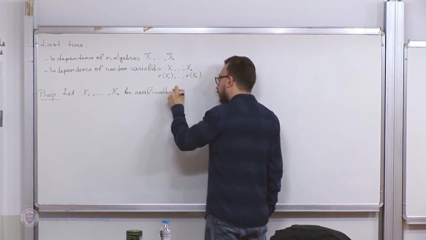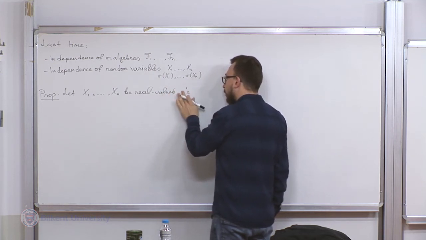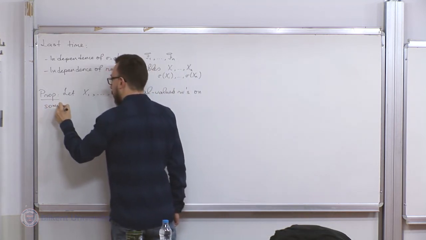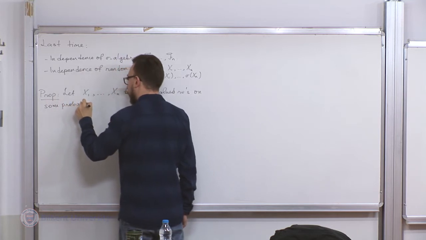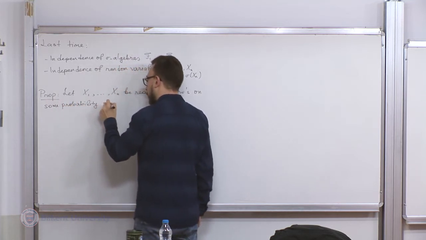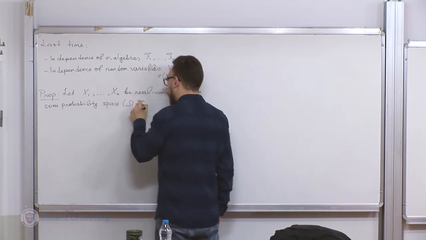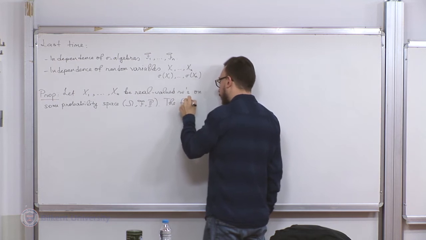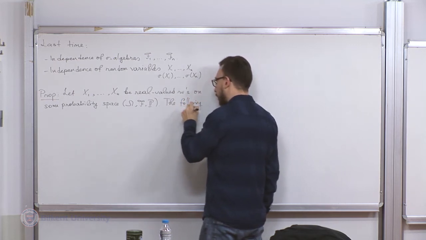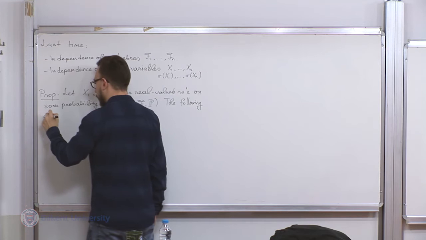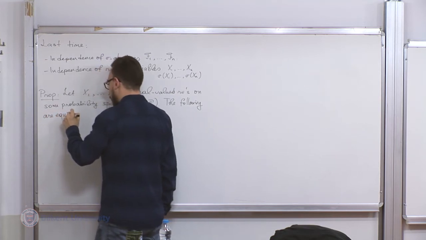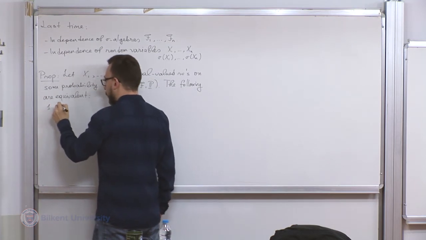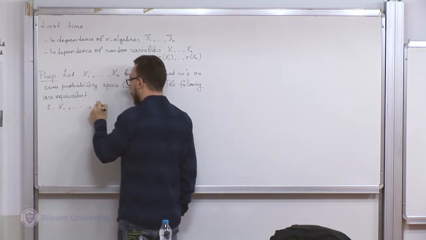So real valued random variables on some probability space (Omega, F, P), then the following are equivalent. The first one is that X1 to Xn are independent.